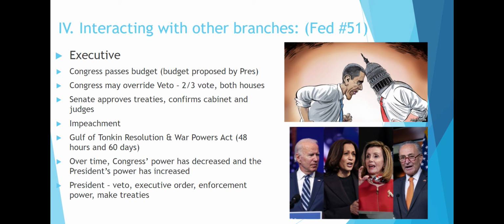So that authorization for the use of military force can be broad, it can be vague, and it tends to give the president lots of discretion over the use of military power.